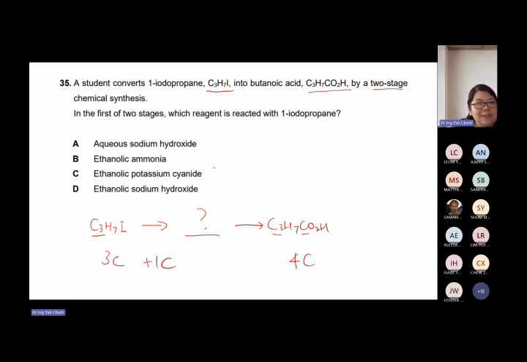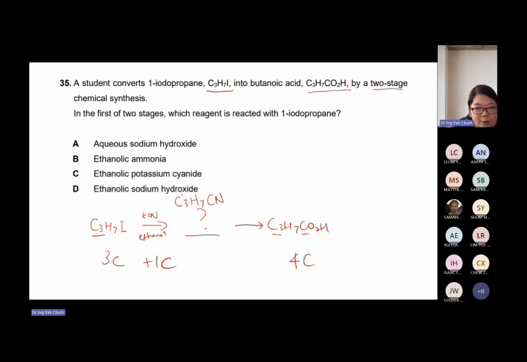So I need potassium cyanide or hydrogen cyanide. But I'm looking at a halogenoalkane. A halogenoalkane will only react with ethanolic potassium cyanide or ethanolic sodium cyanide, not hydrogen cyanide. Hydrogen cyanide with KCN is only for aldehyde and ketone. But of course we still check. If I add KCN in ethanol, what do I get in the middle?